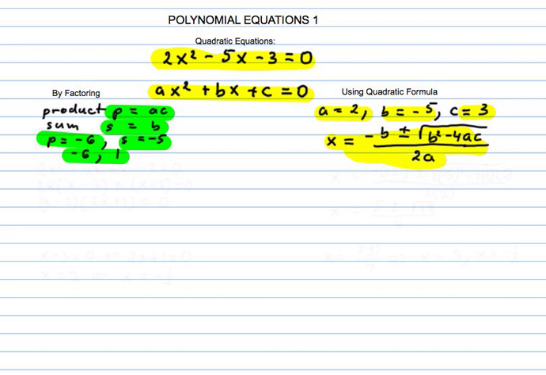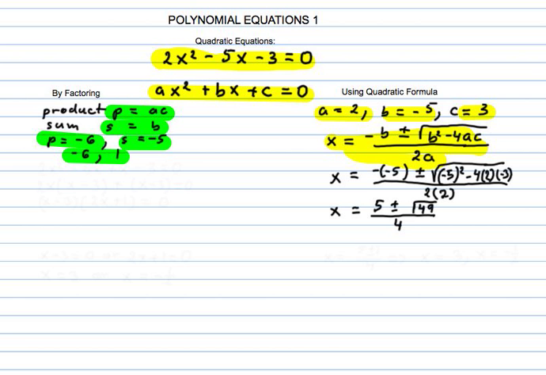So the next step will be to identify elements of the formula and replace them with the values.